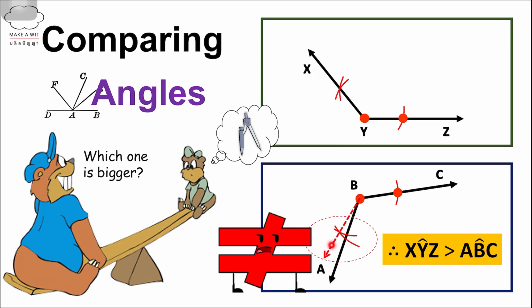Okay, so that means what? It's bigger, right? If it cuts inside, that means XYZ is smaller. But because it's cut outside here, that means angle XYZ is bigger, or greater than angle ABC. Okay, that's it. Very simple.